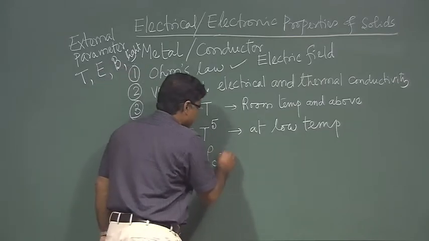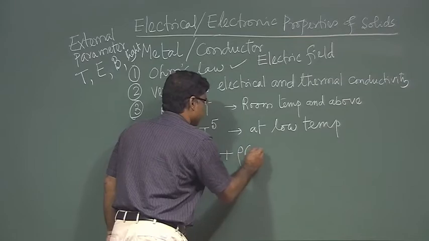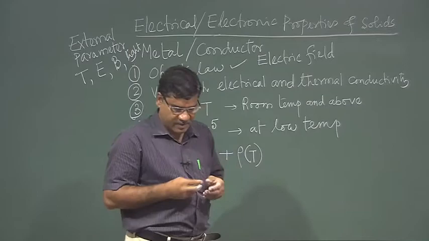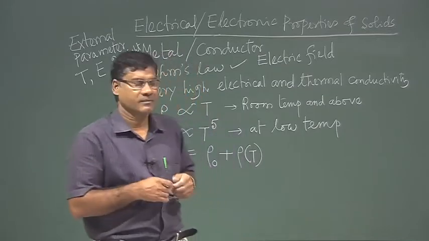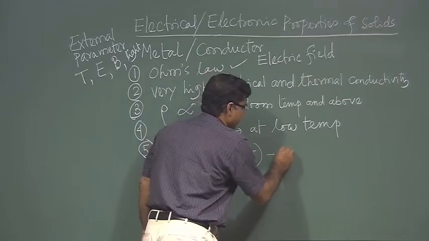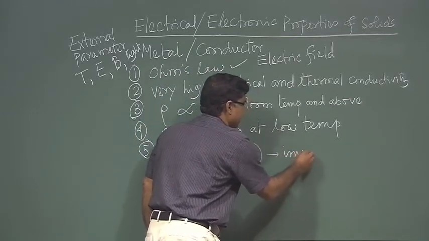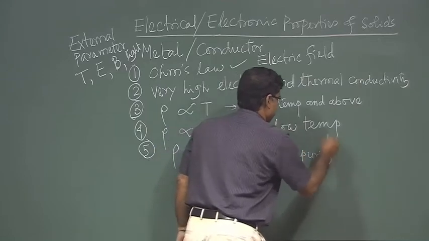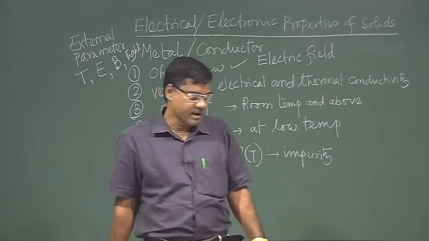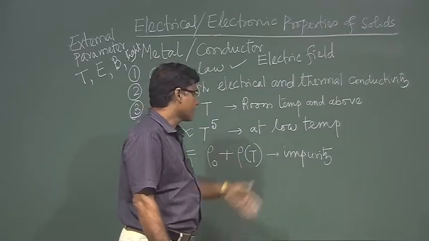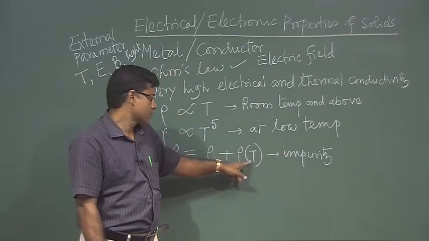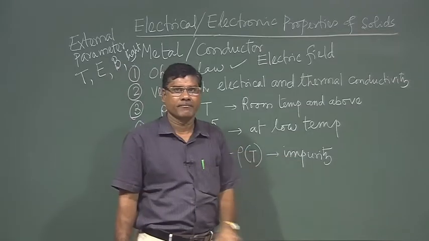The other part depends on temperature. A metal with impurity behaves like this. If impurity is not there, then it is rho proportional to T. This constant part comes from the impurity.